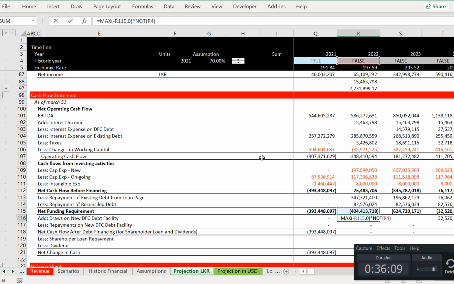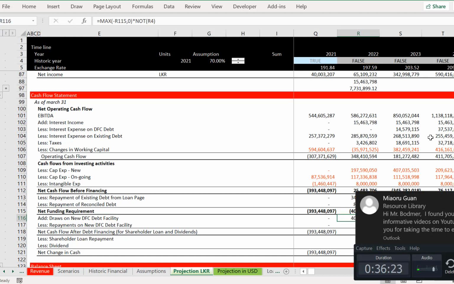We're going to fund it when it's a projected period again, and we're going to fund it when the cash flow is negative. We're going to make it almost like a kind of working capital.